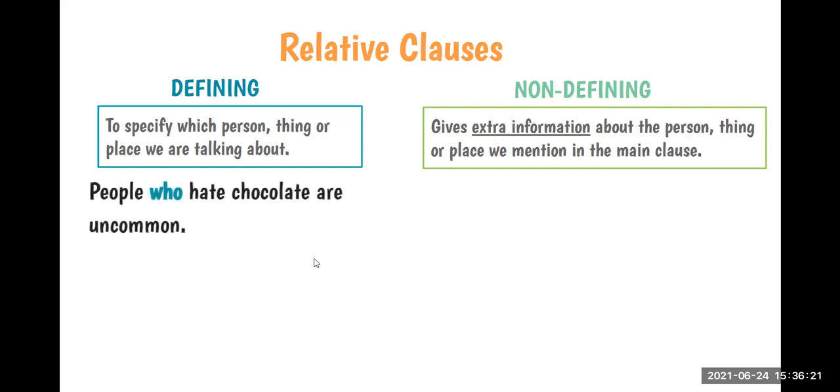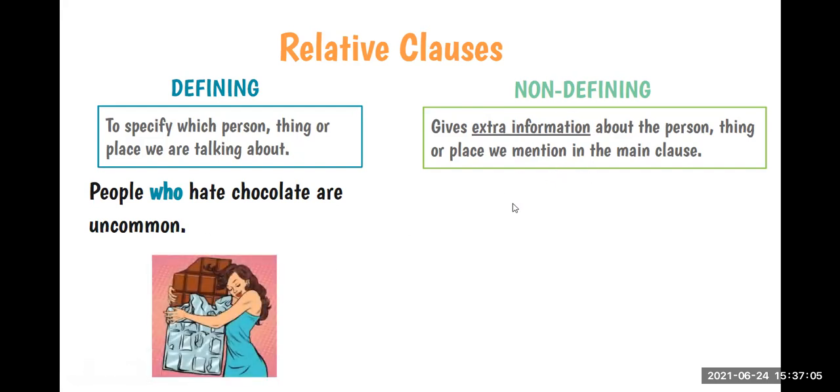Let's check some examples. People who hate chocolate are uncommon. Ok, entonces aquí yo estoy especificando que la gente que odia el chocolate, no otras personas, sino las que odian el chocolate. Entonces estoy especificando de qué personas estoy hablando. Por ejemplo, también puedo decir people who do exercise are healthy. Ok, entonces especifico qué tipo de persona es de la que estoy hablando.